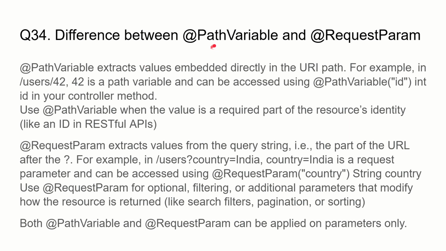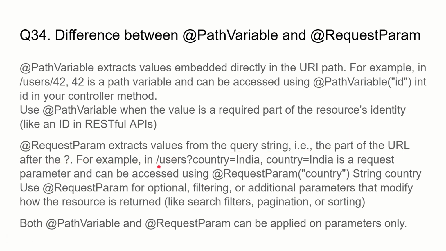The next question that can be asked is the difference between PathVariable and RequestParam. PathVariable extracts the value embedded directly in the URI path. For example, /user/42. 42 is a path variable and can be accessed using @PathVariable int id in your controller method. RequestParam extracts the value from the query string, that is the part of the URL after the question mark.